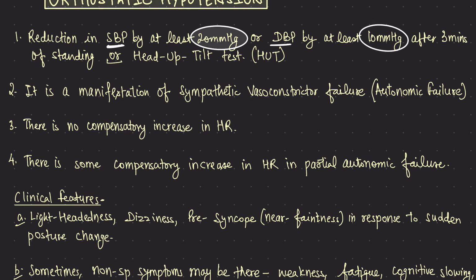And very important to remember is after 3 minutes of standing, or there is a test known as head up tilt test which can be done. It is basically done in hospital settings, but as far as OPD settings are concerned, we can measure systolic and diastolic BP when the patient comes in OPD and you suspect him or her to be in a state of orthostatic hypotension or a case of autonomic dysfunction.